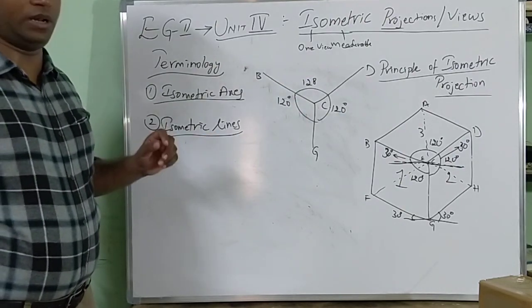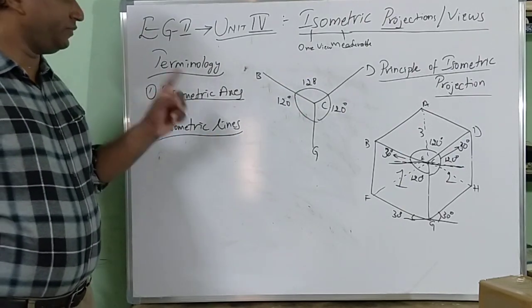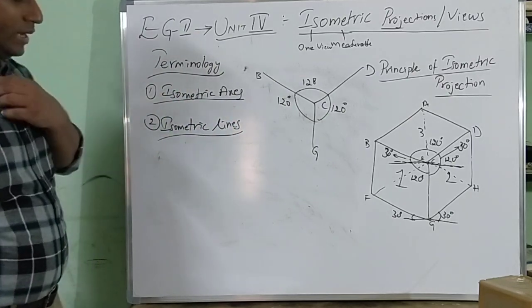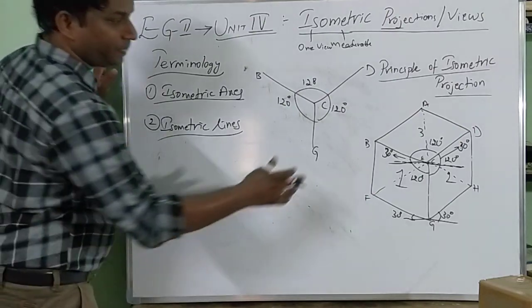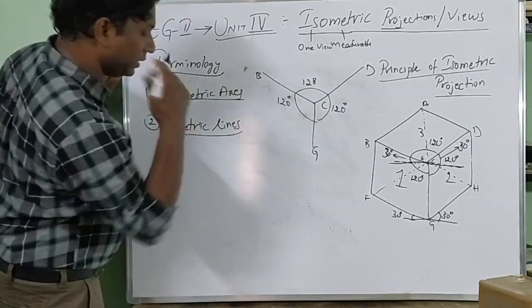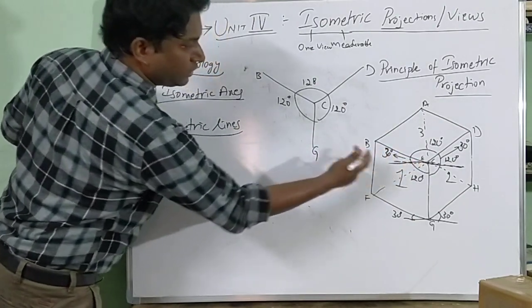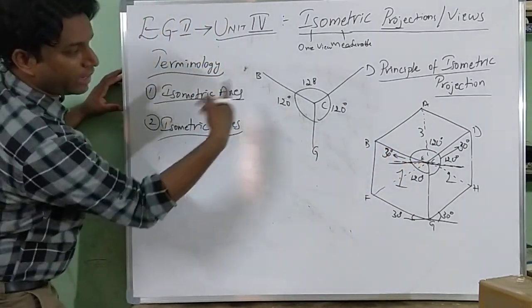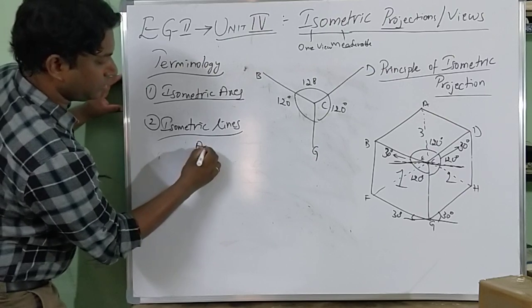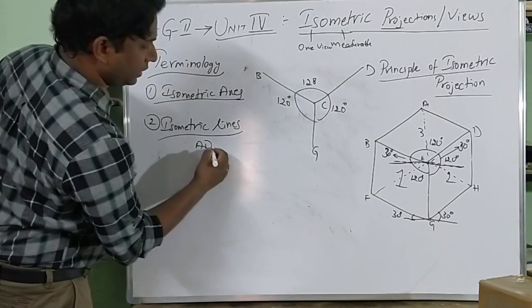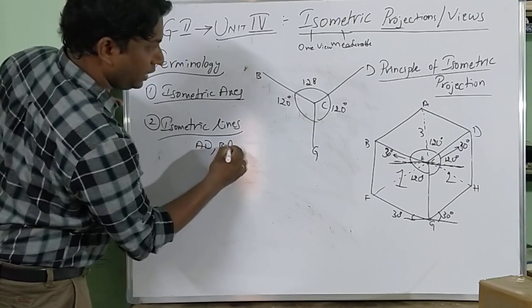See, what are the lines here? For BC, the parallel is AD. For CD, the parallel is BA.